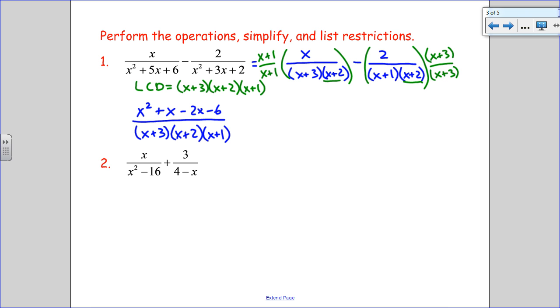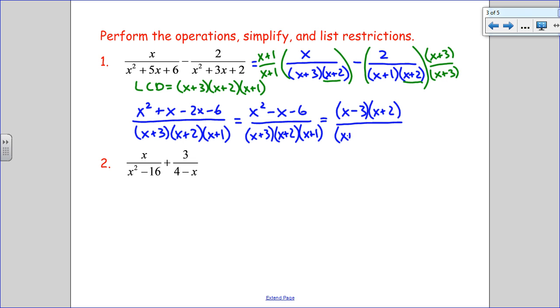Combining the like terms in the numerator, and then factoring the numerator, and finally simplifying the common factor of x plus 2, we arrive at our answer, the quantity x minus 3 over the quantity x plus 3 times the quantity x plus 1.